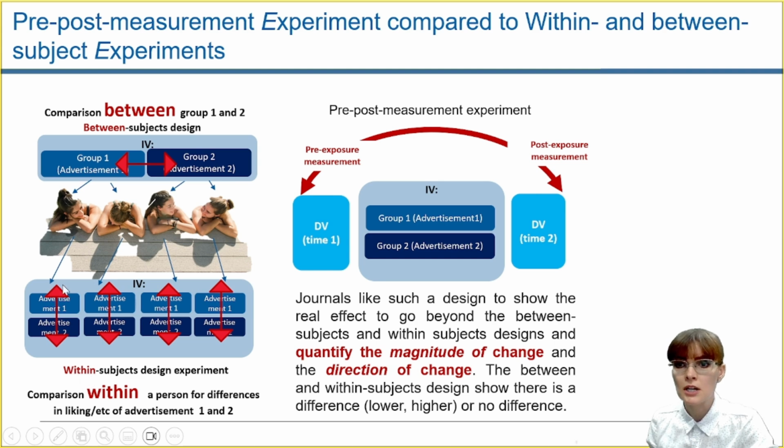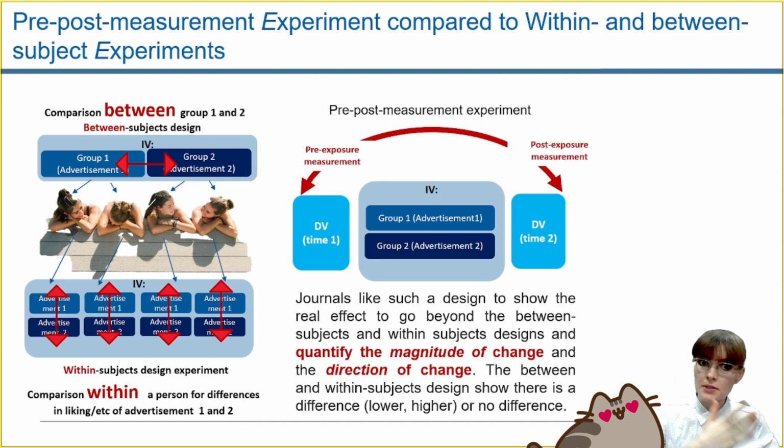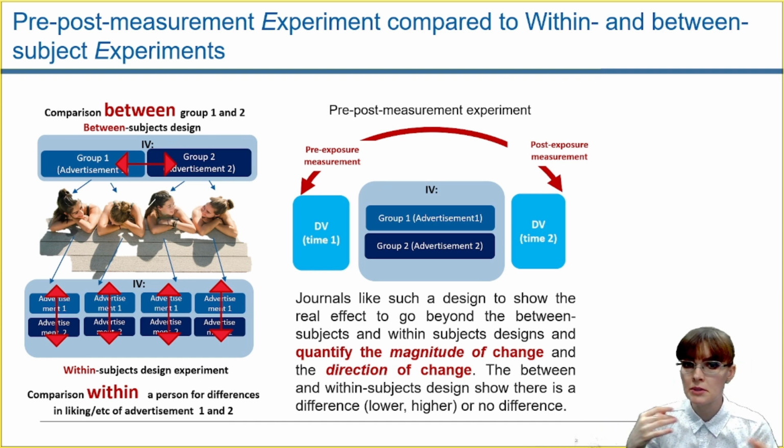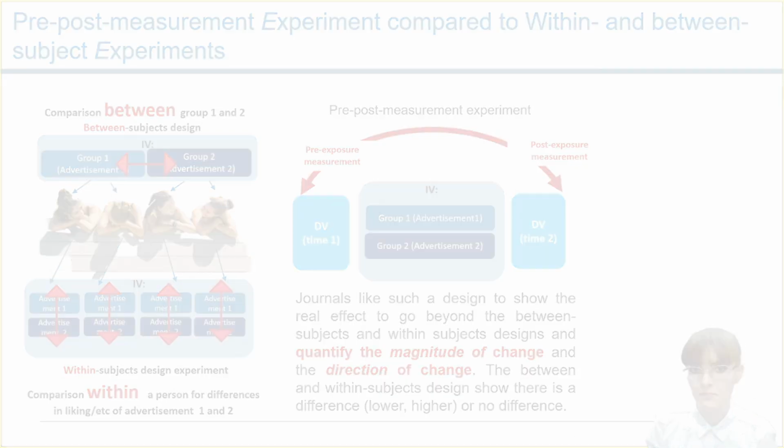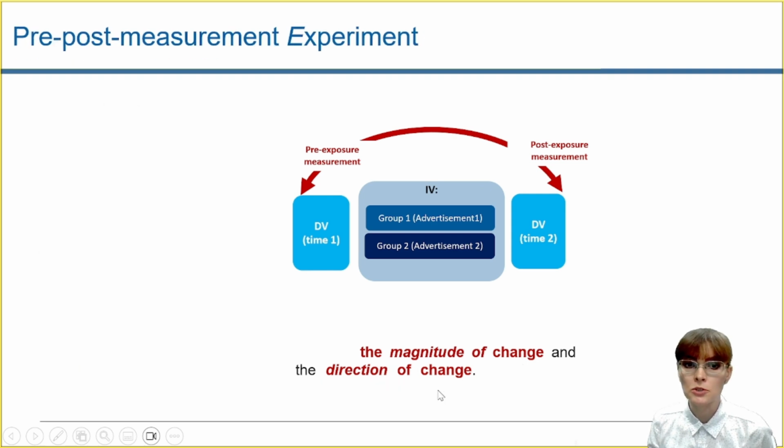Within subjects design, we also are measuring for exactly the same person across a larger sample of participants: do we have substantial variations between how advertisement 1 and advertisement 2 is perceived, which is not due to chance? With the pre and post measurement design, again, we are looking at the magnitude of change and the direction of change. So let's have a look at this very interesting aspect in more detail.